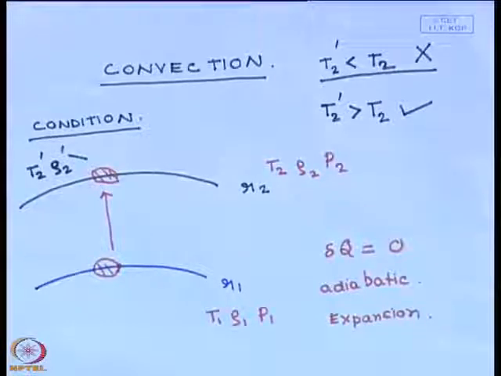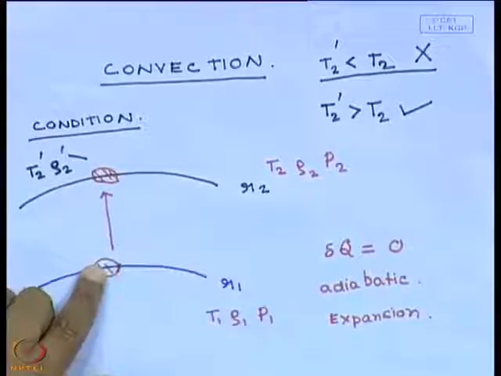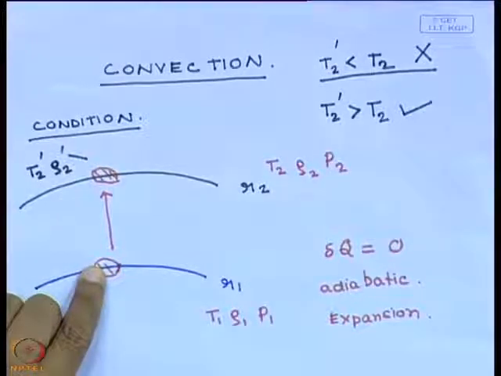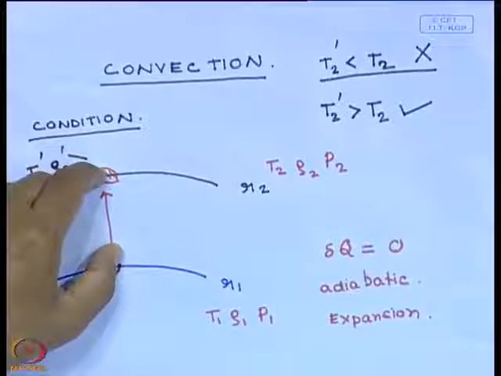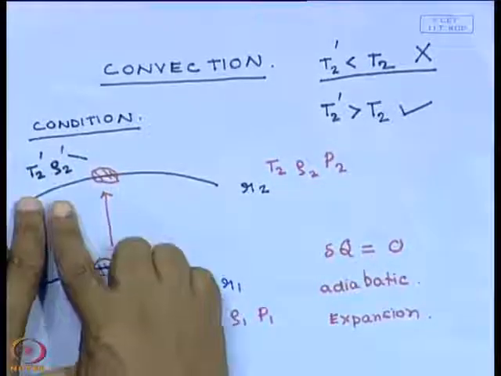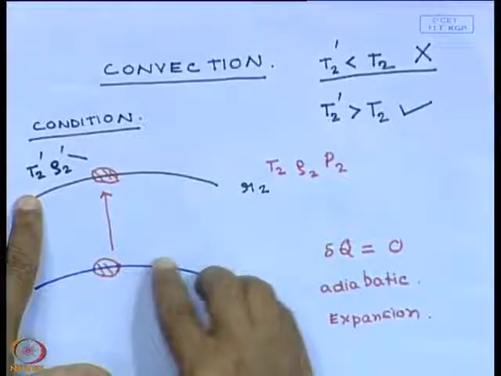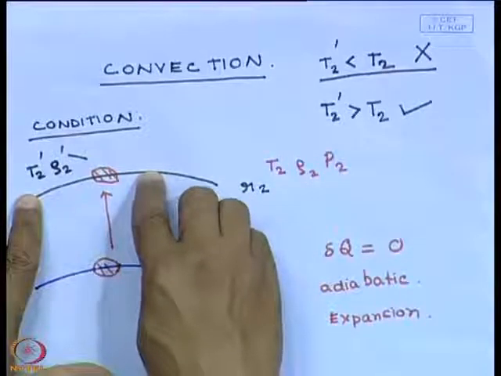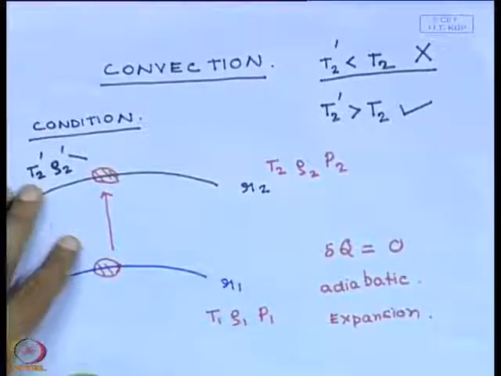Okay. So, let me remind you again, the important criteria is that if I move the bubble from here to here, the temperature of the bubble should be higher than the temperature of the ambient medium surrounding when I move from here to here. This is the condition for convection in general.